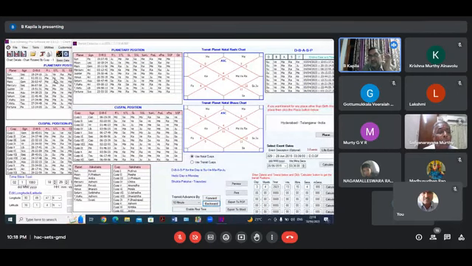If you remember, the other day also I had discussed the same point, that if you look at these co-rulers, planets which are present in the star of these co-rulers or in the sub of these co-rulers can also be present as the ascendant co-rulers of the child.